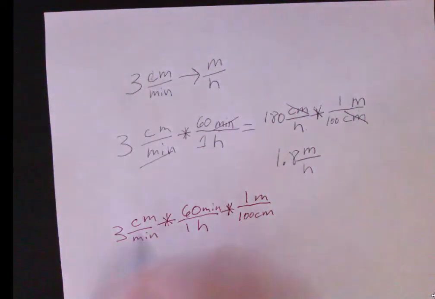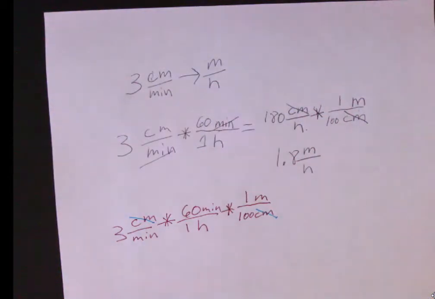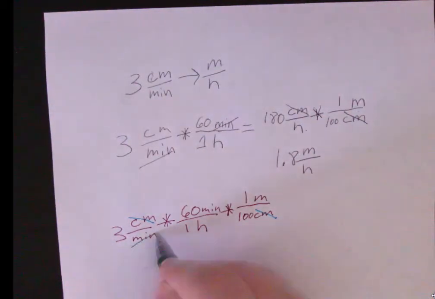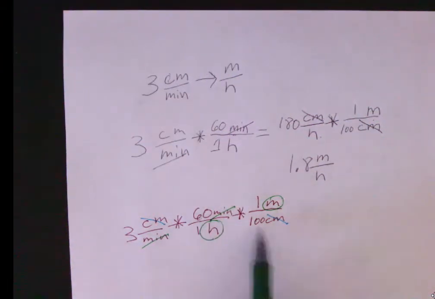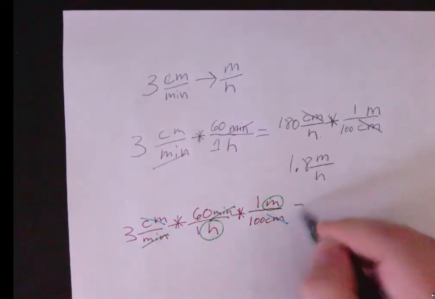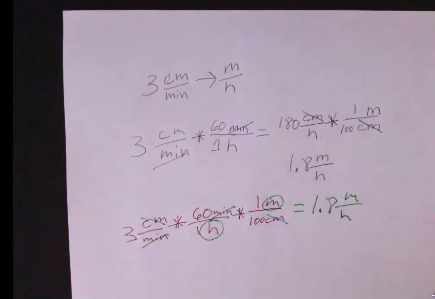Because now this is still going to cross off over here, and this is still going to cross off here, leaving us with meters per hour as our units. And then it's just going to be 3 times 60 divided by 100. And so it's still going to leave us with that 1.8 meters per hour.